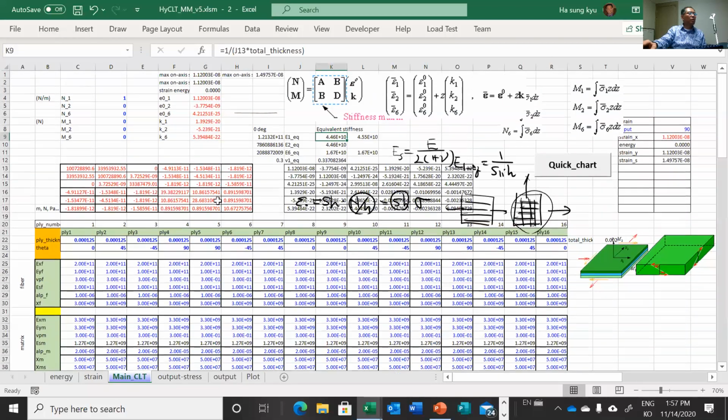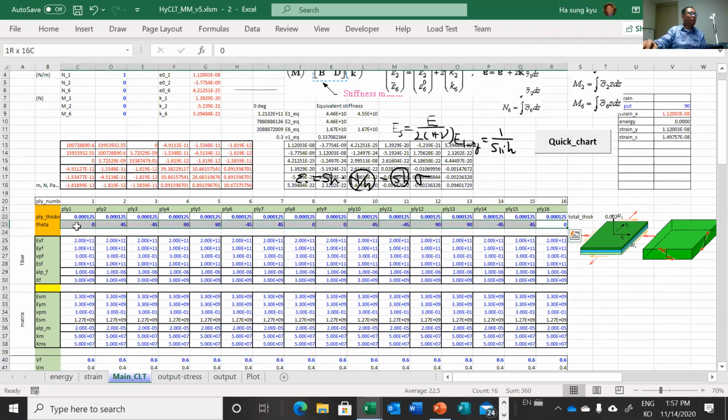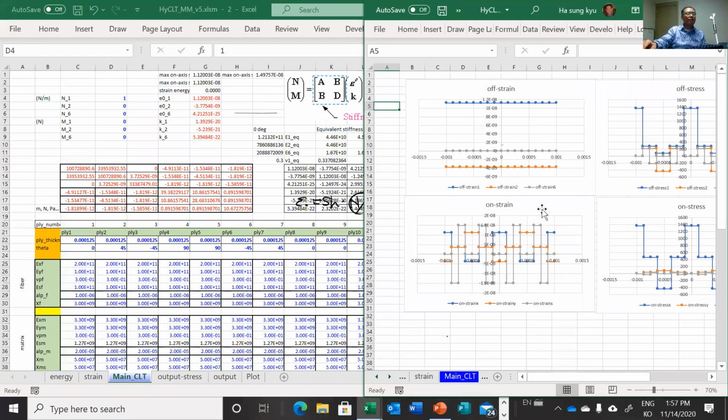Another one I'd like to emphasize is this: let's say we have a quasi-isotropic layup, or even any layup. Any layup will be okay, and we have this kind of layup sequence. We apply the load N1, and we now have strain distributions like that.